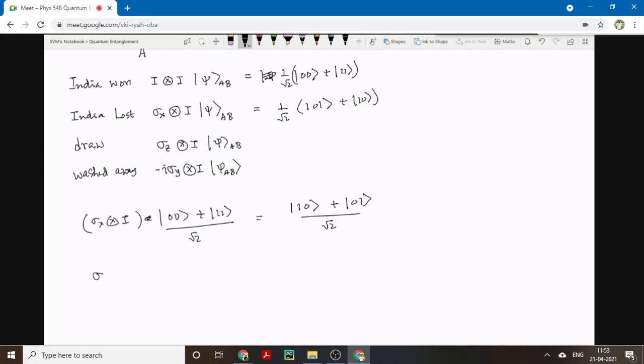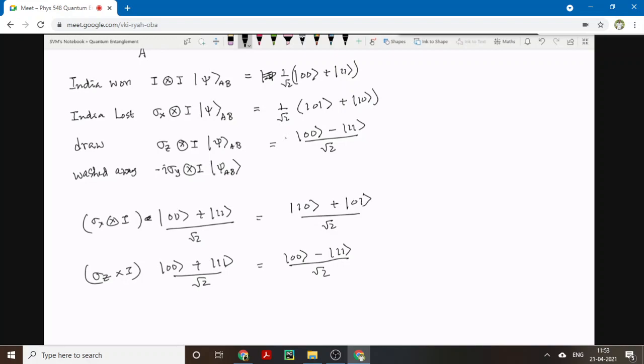Now sigma Z cross I on (00 plus 11) by root 2 will become (00 minus 11) by root 2, because that flips the sign of the second term.